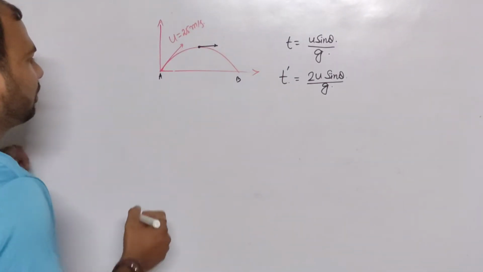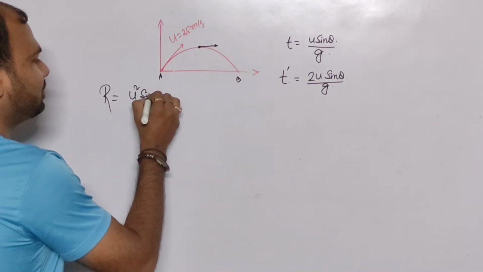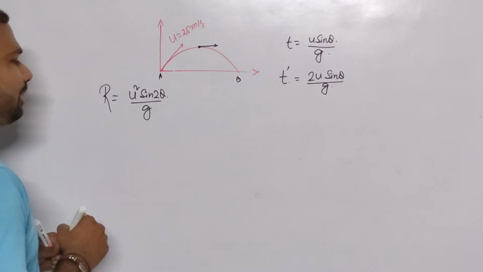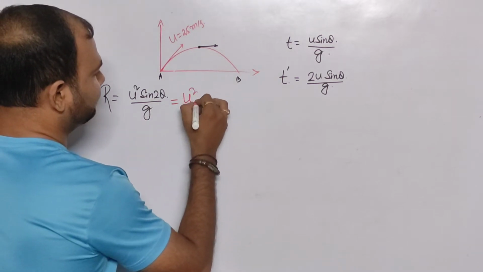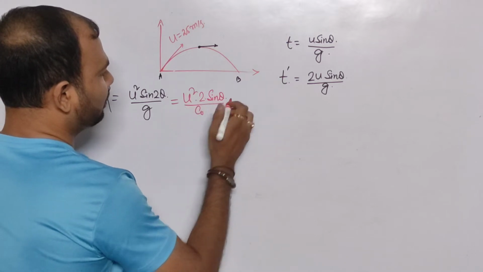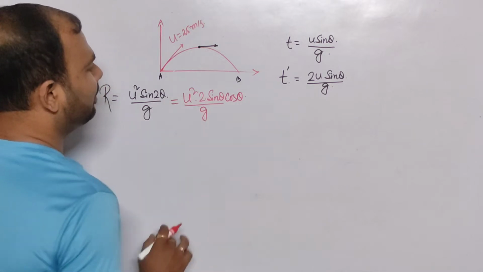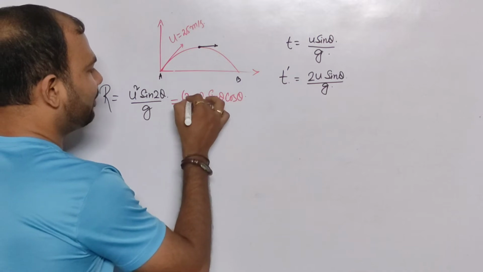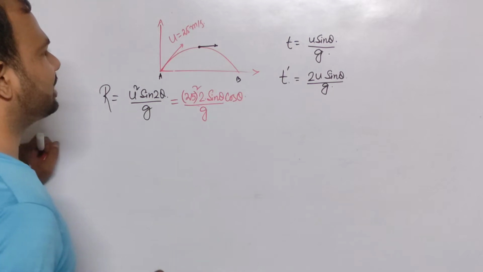Okay, so range R equal to u square sine 2 theta by g, or we can replace sine 2 theta by 2 into sine theta cos theta, by g. We can replace u square by 25 square into 2, because the initial velocity is 25.